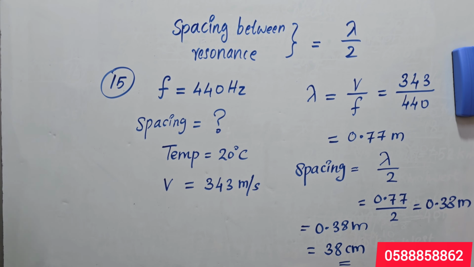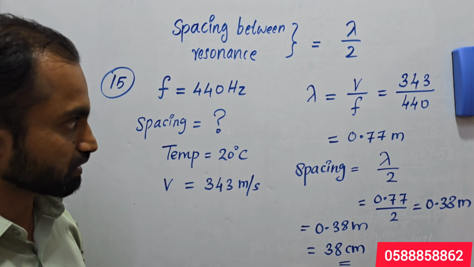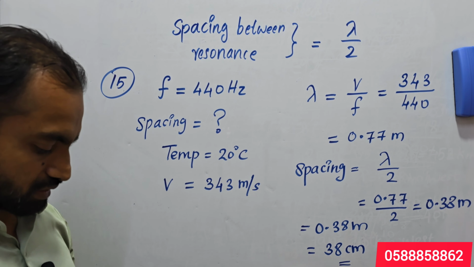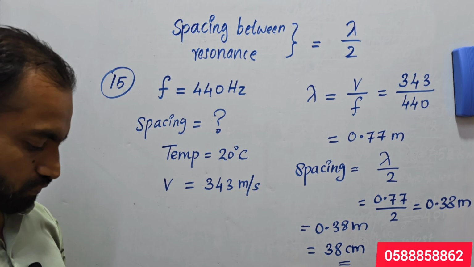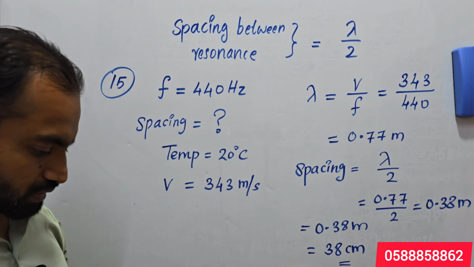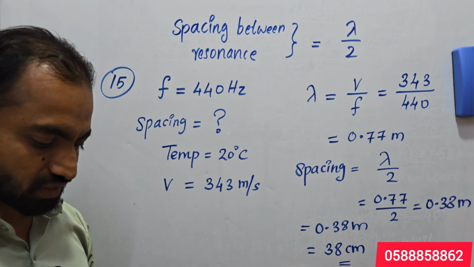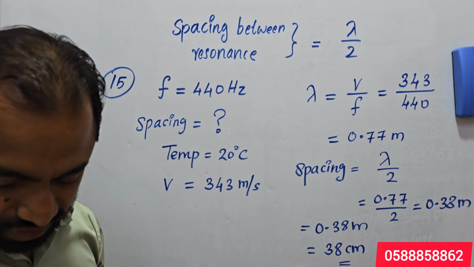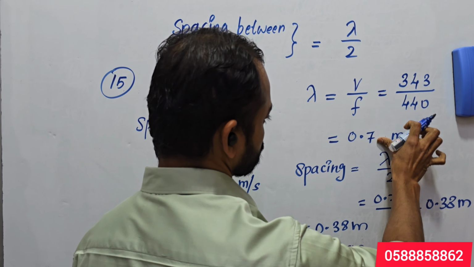Okay, so you write that answer. Maybe here we didn't round it correctly. That I will check. 343 divided by 440. That equals, yes, that's correct, 0.78, right? We are getting 0.77955. So when you round it correctly, okay?